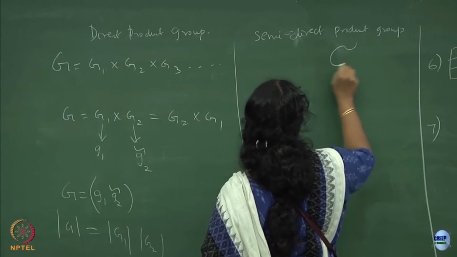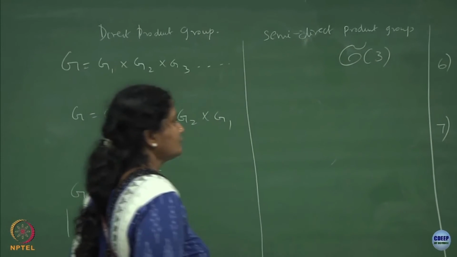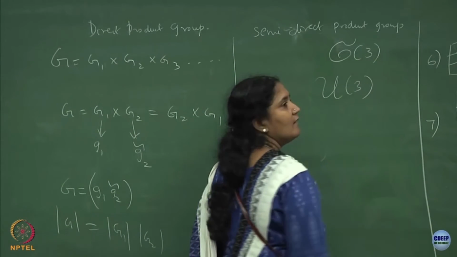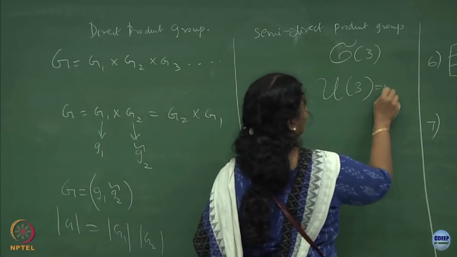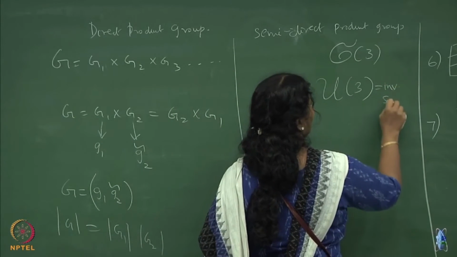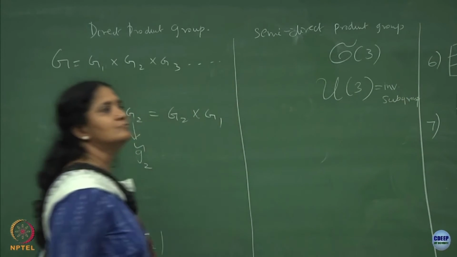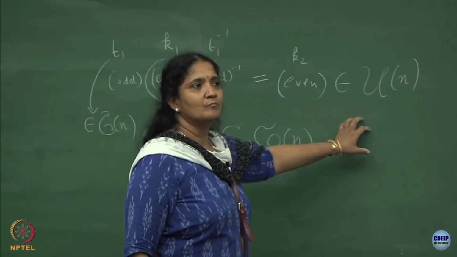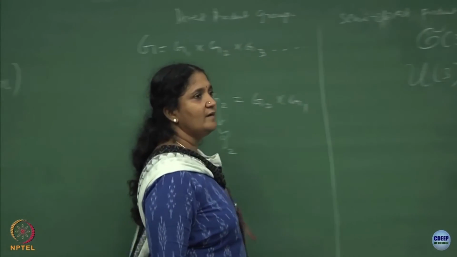So, let us look at the symmetric group of degree 3. You have U3 which is an invariant subgroup, or a normal subgroup. We have done this now. Is that right?